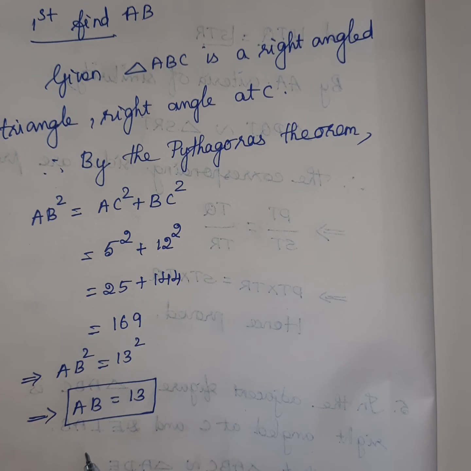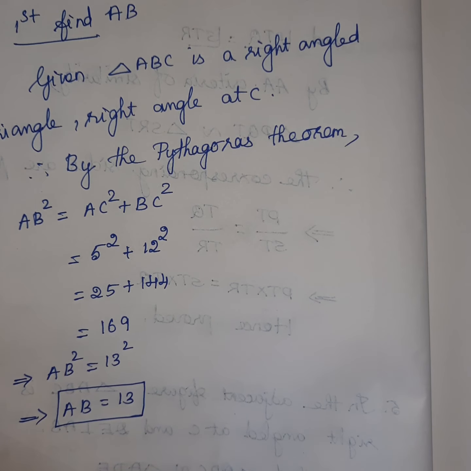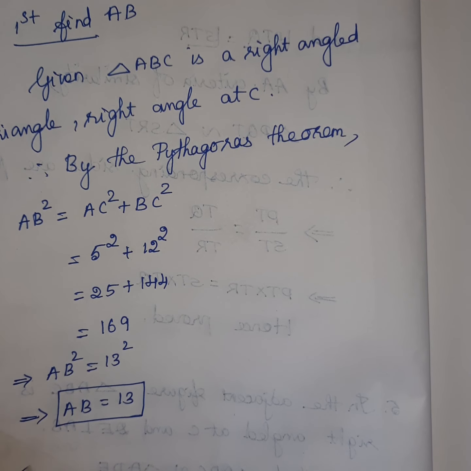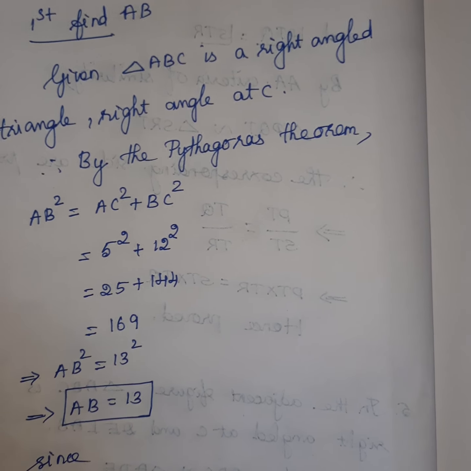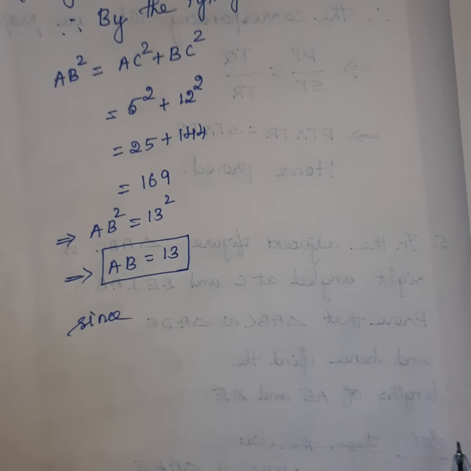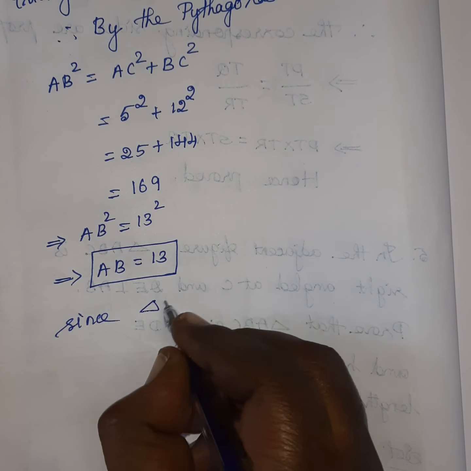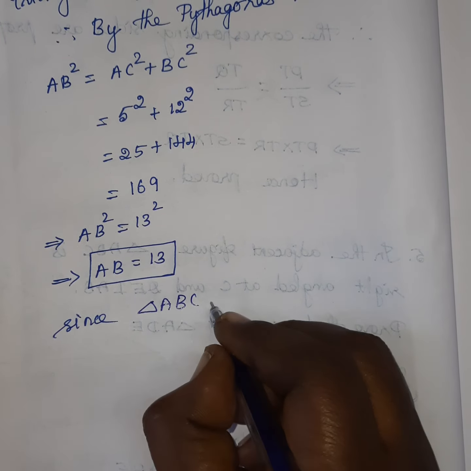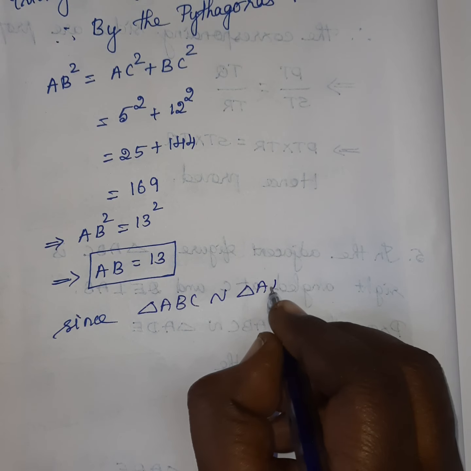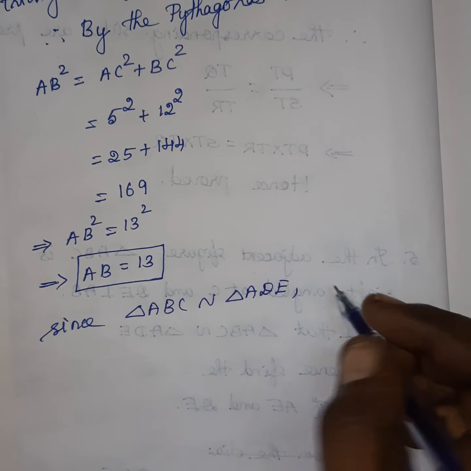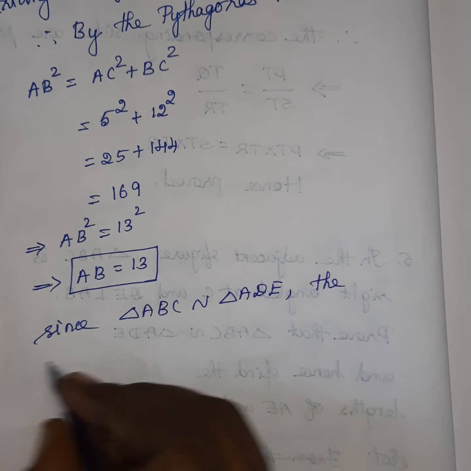Then we can use what we proved already, that the triangles are similar. Since triangle ABC is similar to triangle ADE, the corresponding sides are proportional.